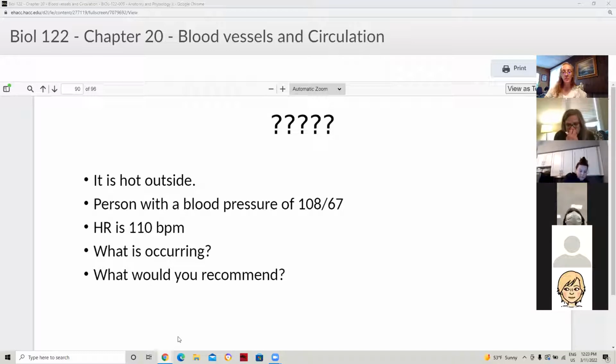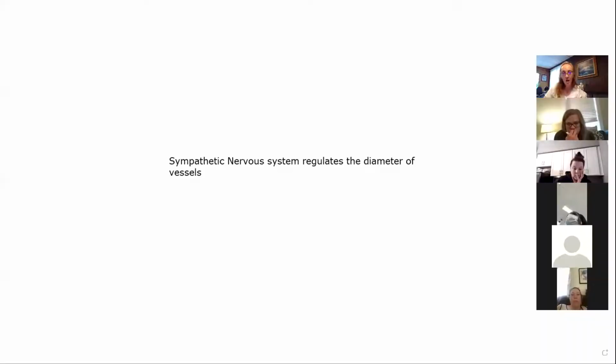Bear with me here, I'm going to come to the whiteboard. Rather than try to figure out their mean arterial pressure, I'm trying to figure out how to calculate their total peripheral resistance. I'm looking at it this way.